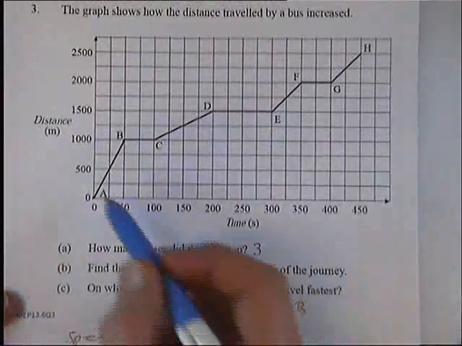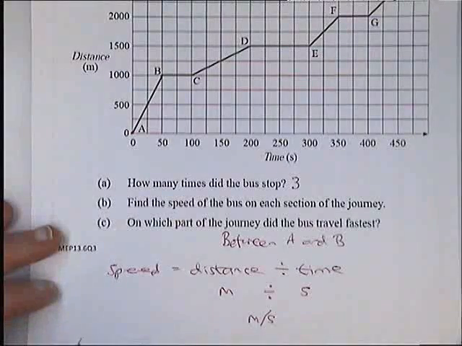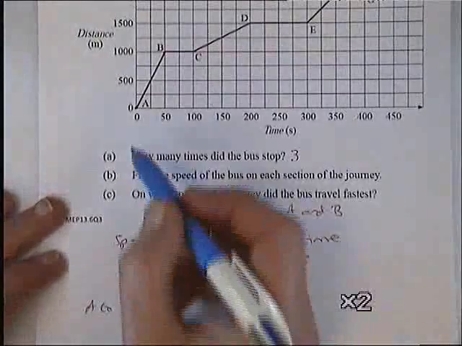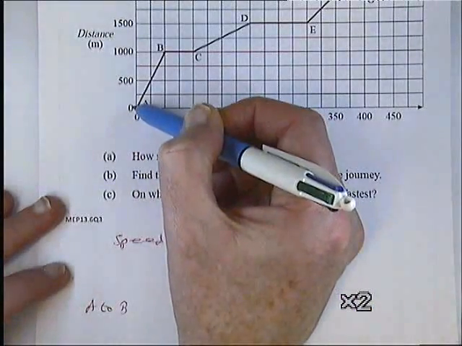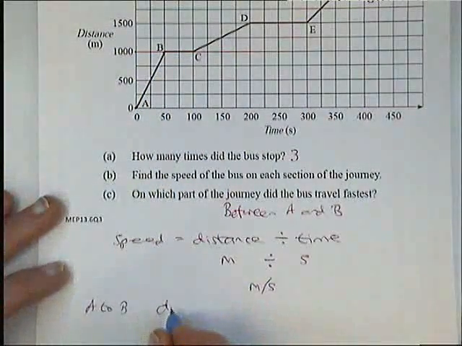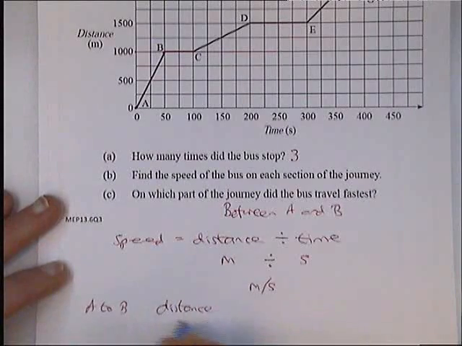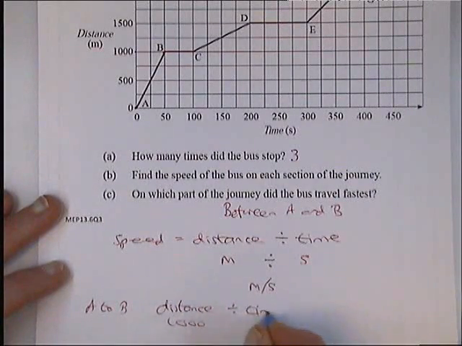Well, the first part of the journey is between A and B. So I'm just going to write down here A to B. And from A to B, what distance did it do? Well, it went from 0 up to 1,000. So the distance is equal to 1,000. And I've got to divide that by the time.